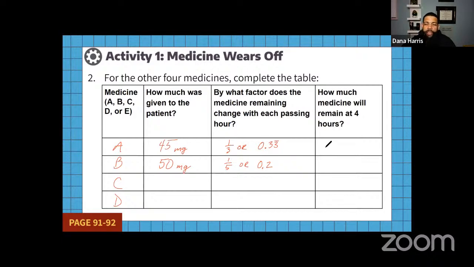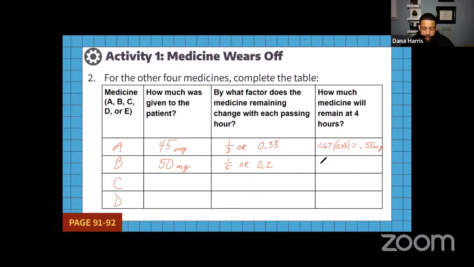So now when I look at this, how much is remaining after 4 hours, then I want to go back to that value of 3. So here for A, the amount after 3 hours was 1.67. And if I multiply that by 0.33, then it's going to give me 0.55 milligrams.